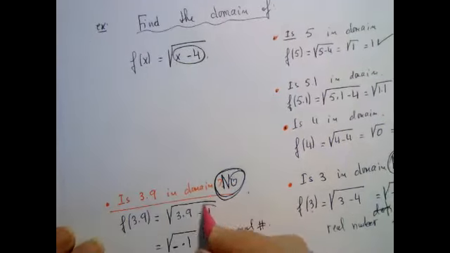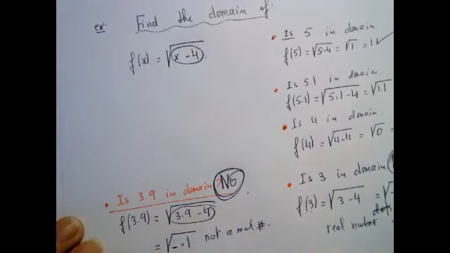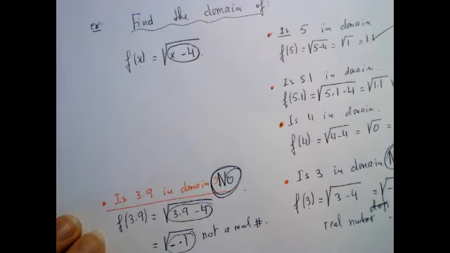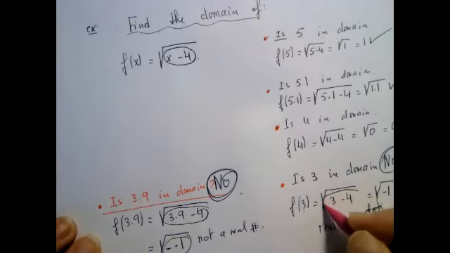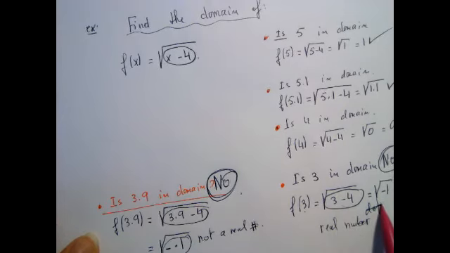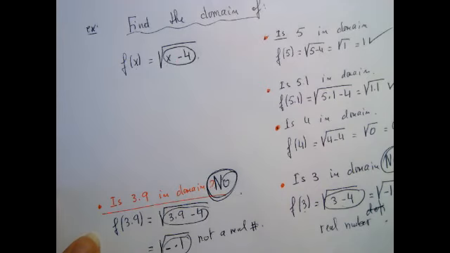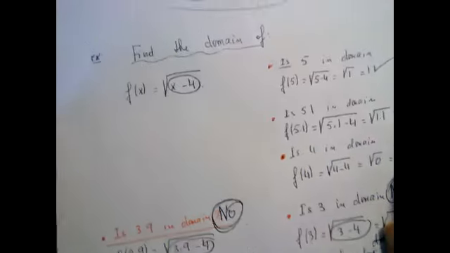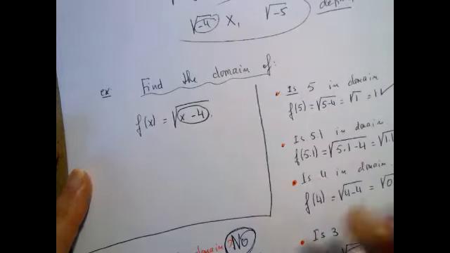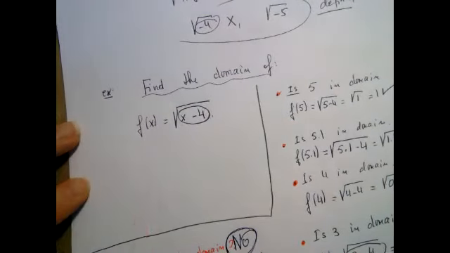Everything here has to go away because it makes the expression under the square root negative. 3 minus 4 didn't work for that reason. So what will work is what makes the expression under the square root positive. Now, how do we solve this problem? This was a preparation to the way we're going to solve it. So f of x equals square root.